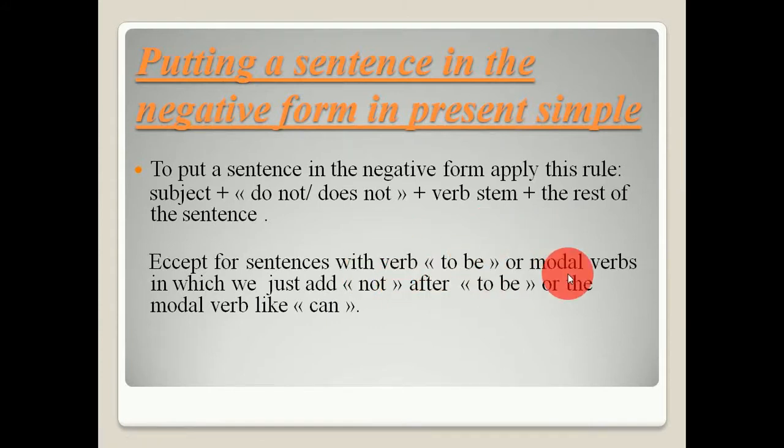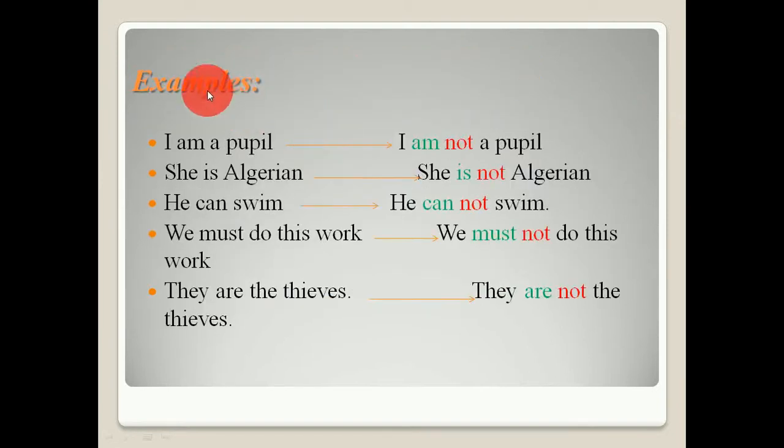So if you found auxiliary to be or modal verbs in which we just add not after to be ولا the modal verb. يعني ما تزيدش do not ولا does not هنا. زيد not برك بعد to be ولا the modal verb like can ولا must. Okay. يعني هنا ما تزيدش do not ولا does not. تحط برك not after to be ولا not after the modal verb. Example. So let's start with examples about verb to be and modal verbs.